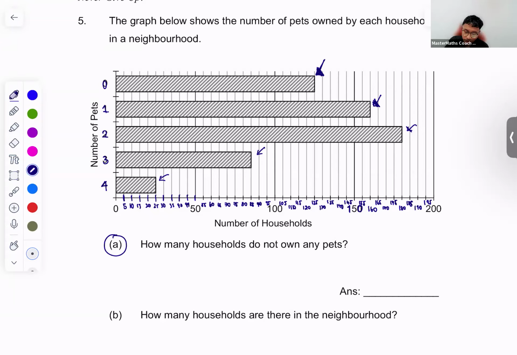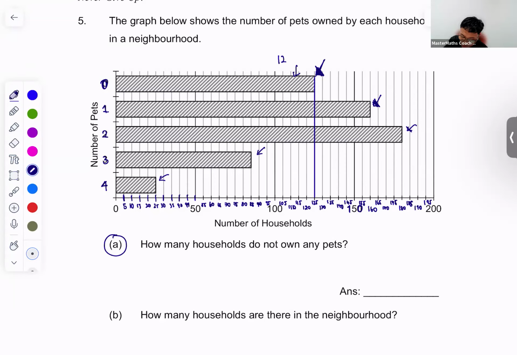Okay, I want you to find for me the number first. What is the number of this graph? How many households got zero pets? Four? No, you have to take this graph here, then you draw the line all the way down. So what's the number here? 125.